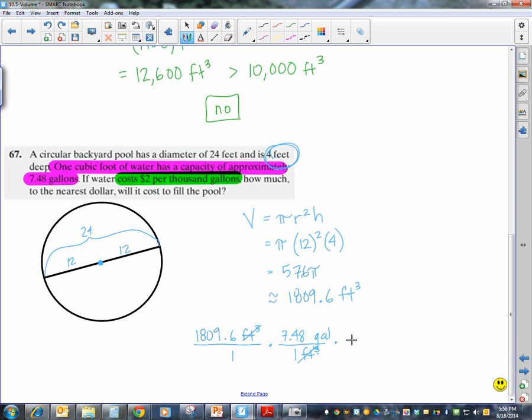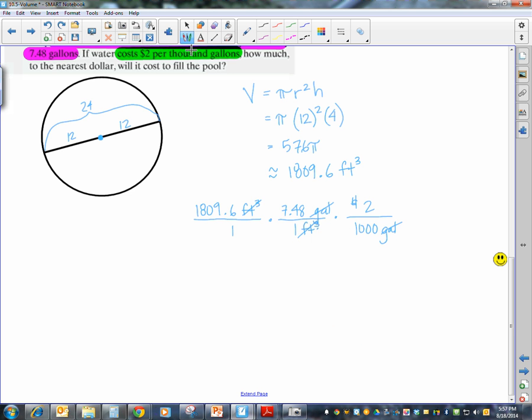And then it costs $2 per 1,000 gallons. That's what's highlighted in green. That allows my gallons to cancel.